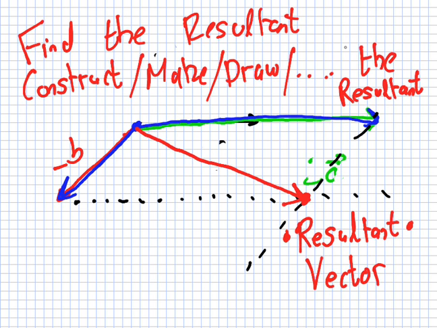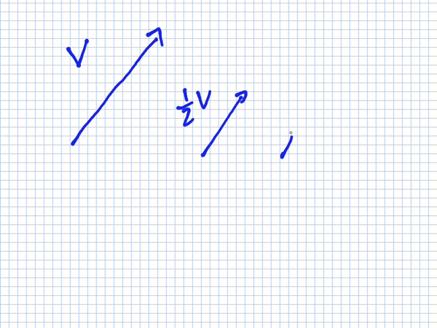Oh, yes, one last piece of vocabulary. Can I scroll down? Alright. This here is A. Oh, by the way, it's very annoying to put a little arrow on the top every time I want to do a vector. So sometimes I don't bother to write the arrow if it's clear that it's a vector. I'll use the letter V for vector. This is a vector. This is half the vector. This is a quarter of the vector, and so on.